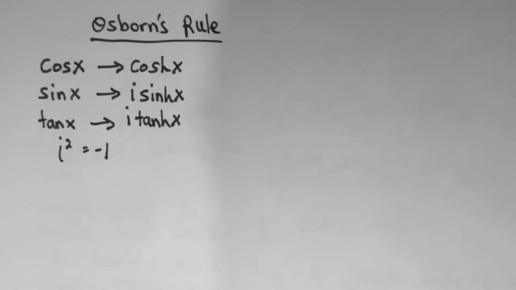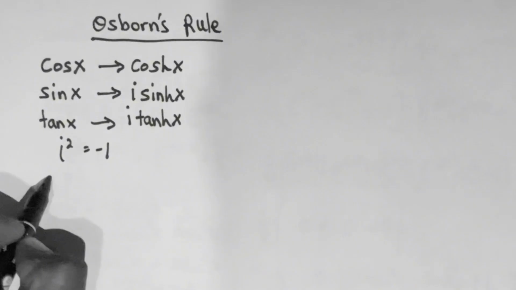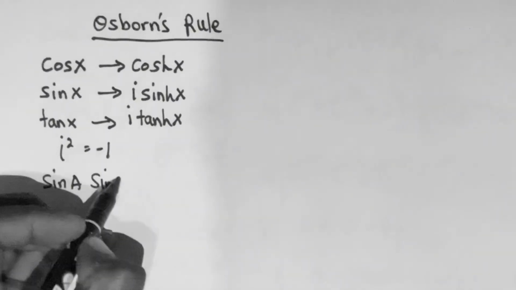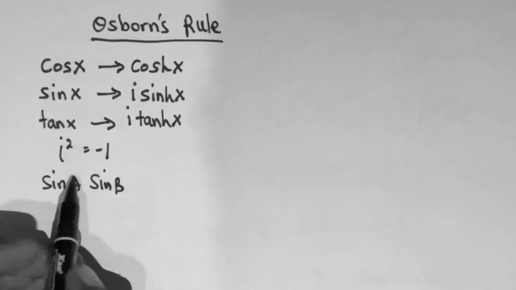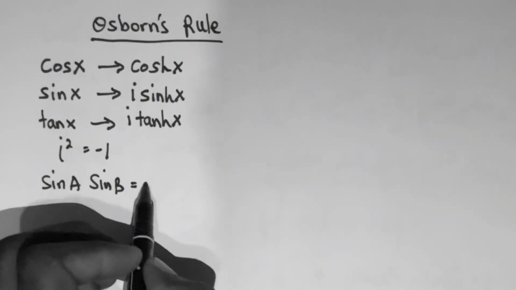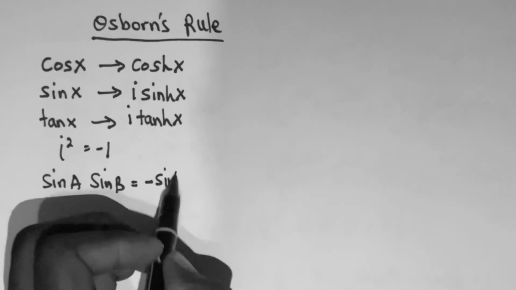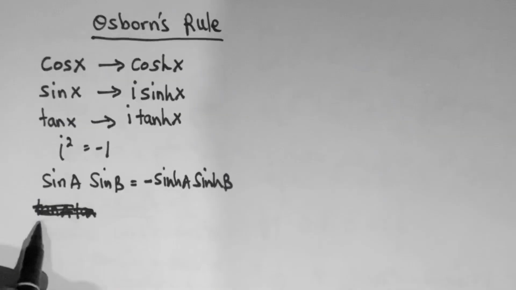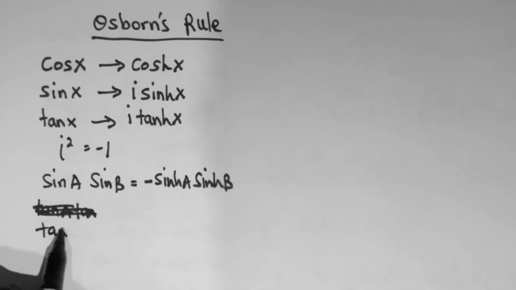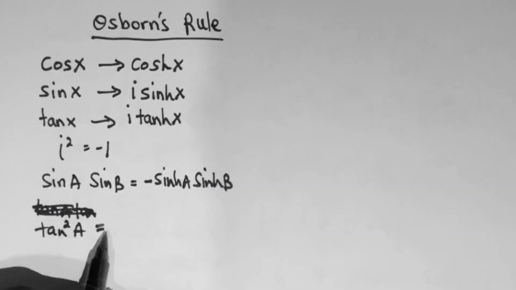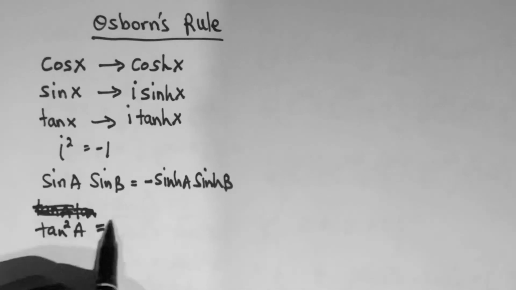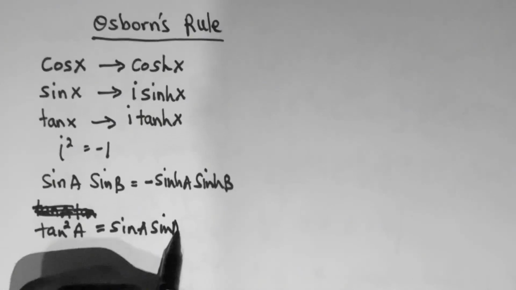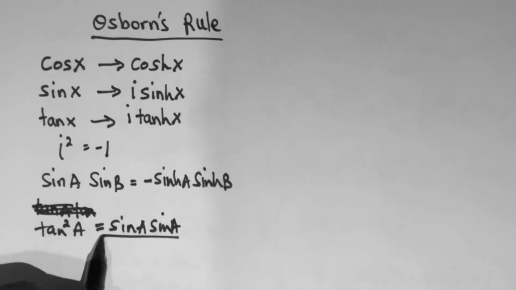For example, if you have sine A sine B, it is replaced by minus sinh A sinh B. Also, tan squared A can be written as sine A divided by cos A.